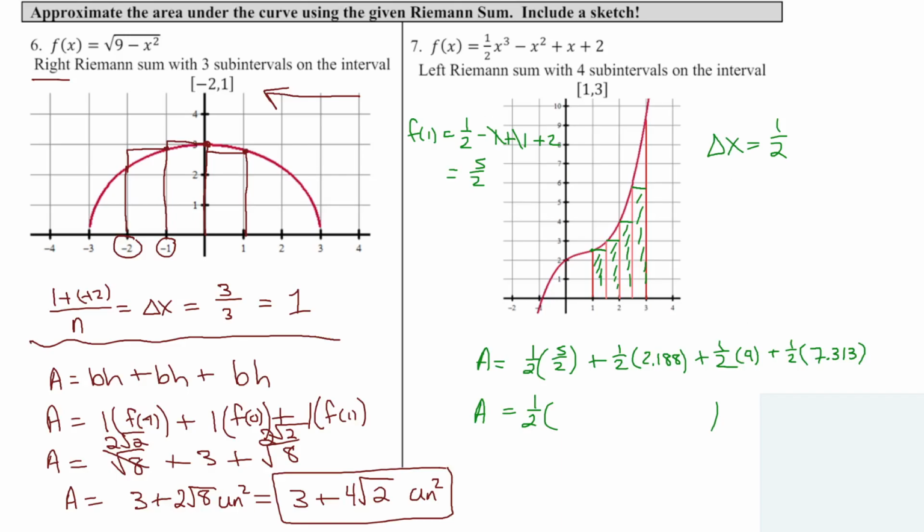So there's no super great way to do that. I'm just going to have to type it in. But 5/2 is 2.5, and then 2.188, and this is half of 9 or half of 4? Half of 4.